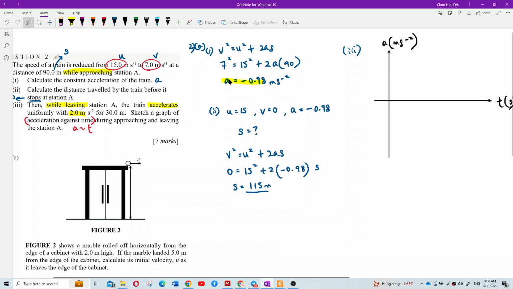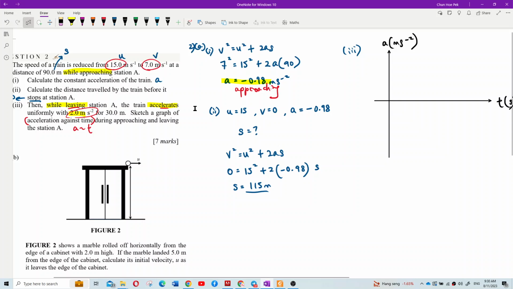This one negative 0.98. That means this one is approaching. Okay. And while leaving, it accelerates, and this is the value: 2 meter per second square.